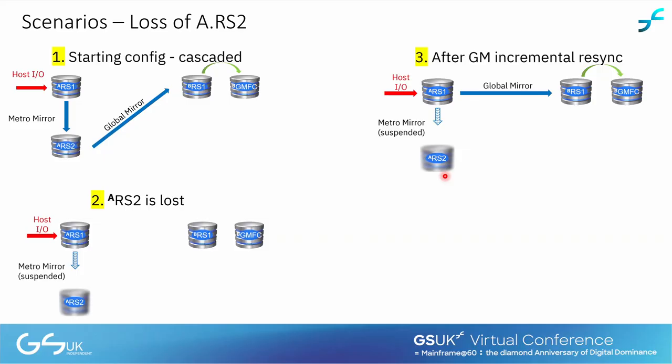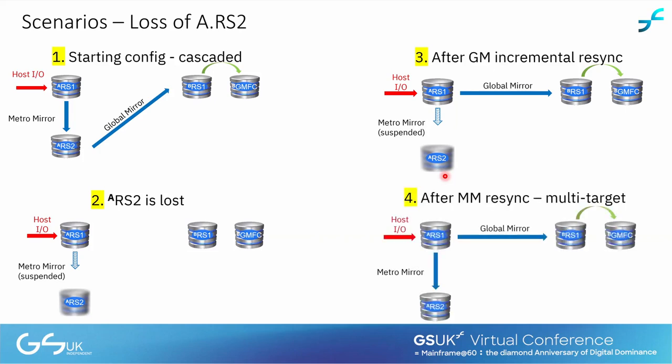This will allow us to incrementally resync region B's RS1 to be a copy of region A's RS1. And then whenever that's done, you can also create a Global Mirror FlashCopy, or a point-in-time copy of the devices at that time, just in case you ever need to IPL.